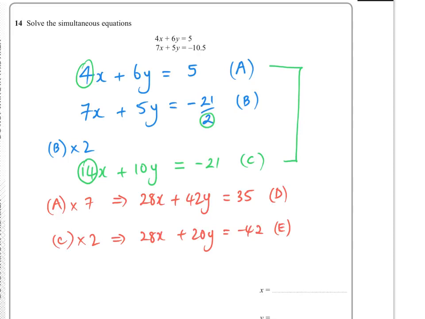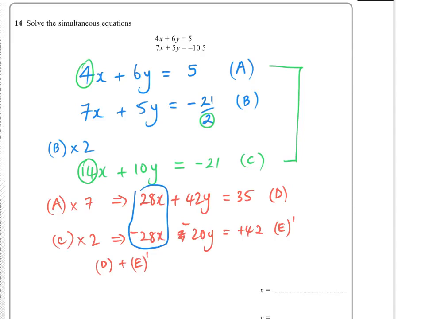You can either do D take away E or E take away D. What you can do, however, is just times one of them by negative 1 all the way through, and then you can just add them. So I'm going to do D plus E prime. I've called it E prime because I've changed it, I've timesed both sides by negative 1. And then look what happens. These values here will cancel out when you add the equations together.